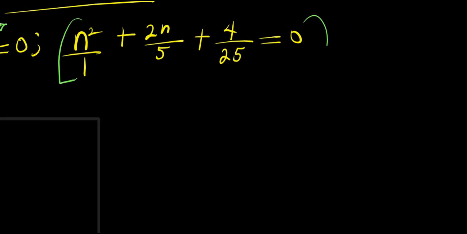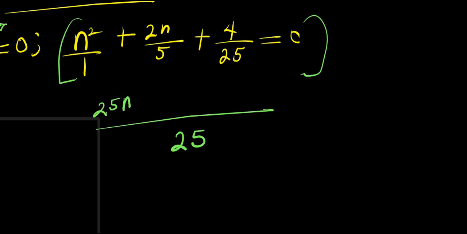To solve this, I need to find the common LCM. Here's 25 divided by 1. 25 times n squared, that is 25n squared, plus 25 divided by 5, that is 5 times 2n, that is 10n, plus 25 divided by 25, 1 times 4, 4, equals 0.